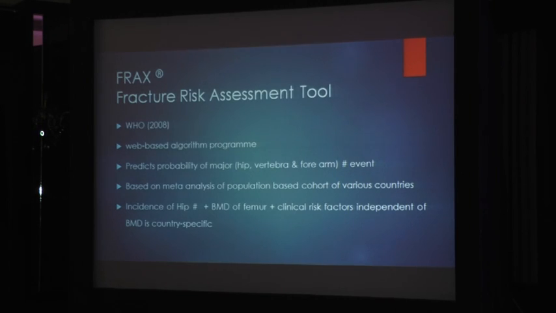For this, the FRAX model is used, which was developed by WHO in 2008. It is a web-based algorithm program that predicts the probability of a major fracture event based on a meta-analysis of population-based cohorts of various countries, in which we put in the incidence of hip fracture, BMD of the femur, and clinical risk factors which are independent of the BMD, and it is country specific.